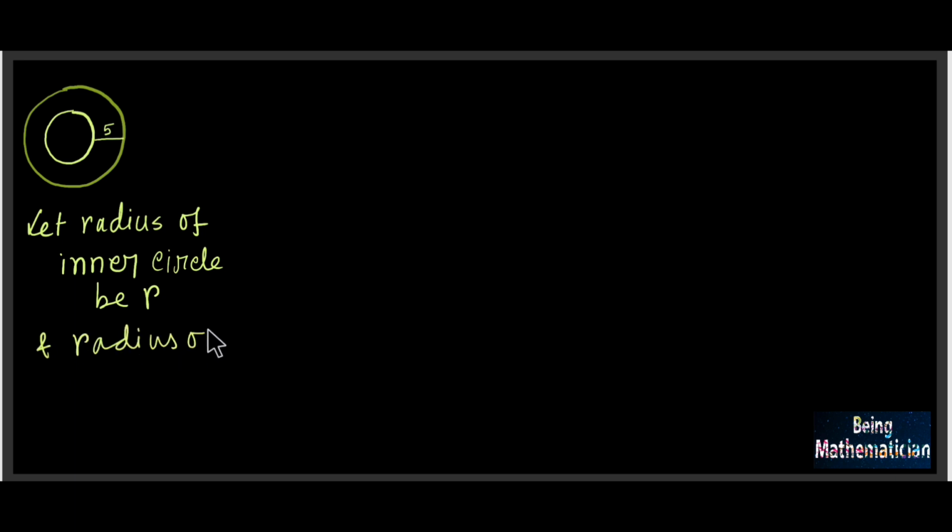So let the radius of inner circle be r and the radius of outer circle be r plus 5. Since this distance is 5, so it is r and total is r plus 5 meters.